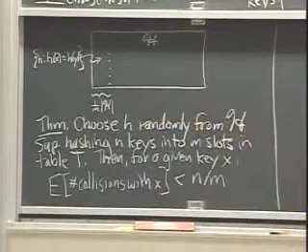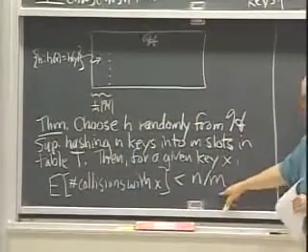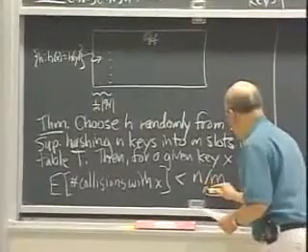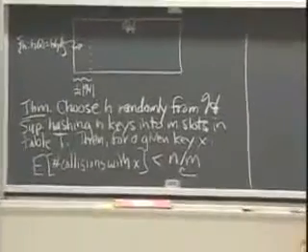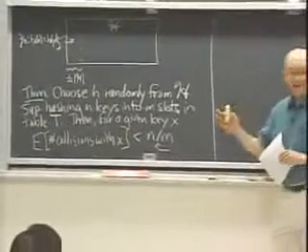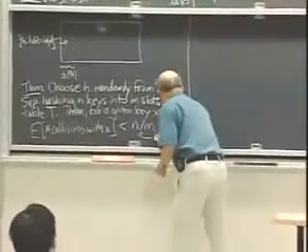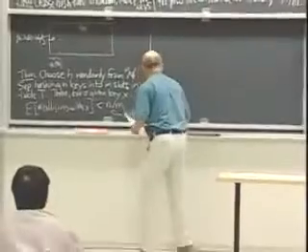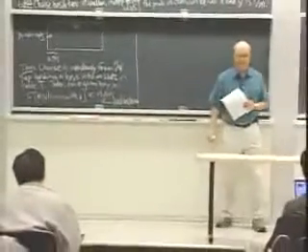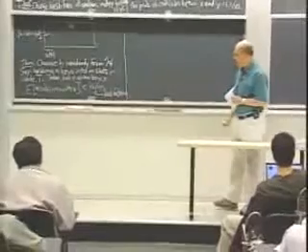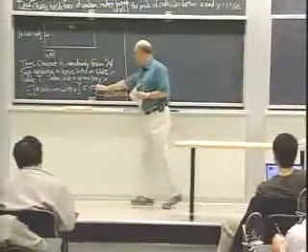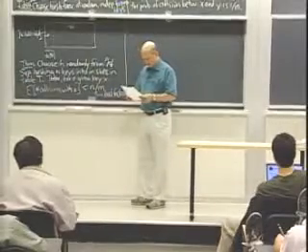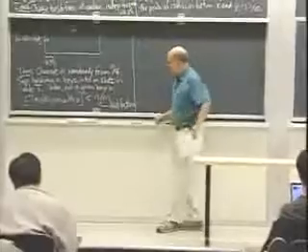Who remembers what we call n over m? Alpha, the load factor of the table. So the average number of keys per slot is the load factor alpha. So what is this theorem saying?